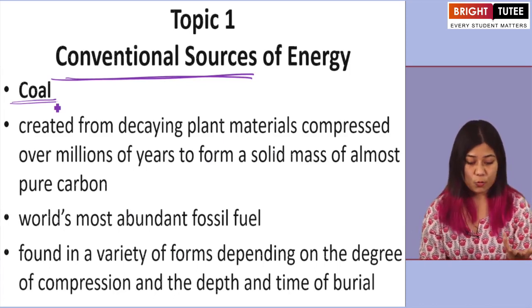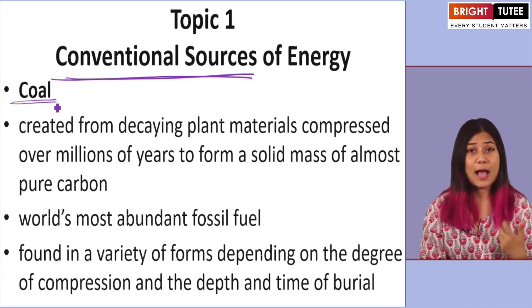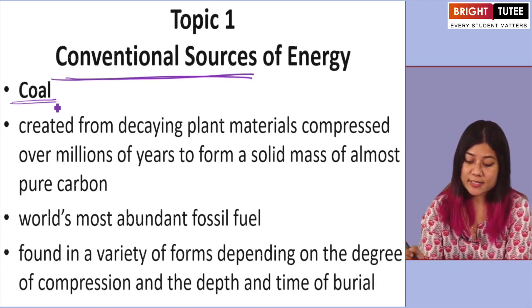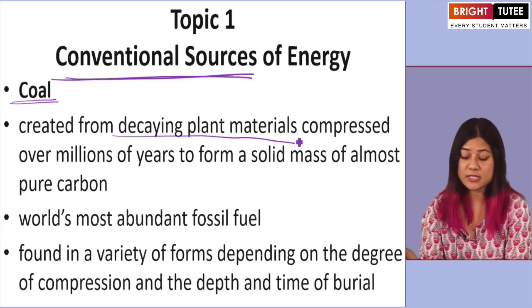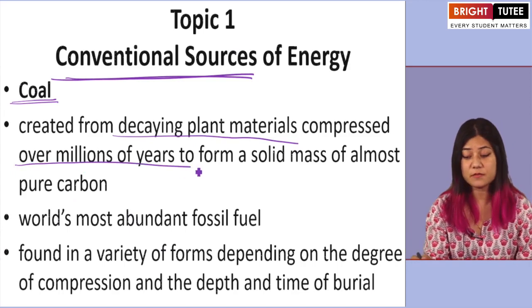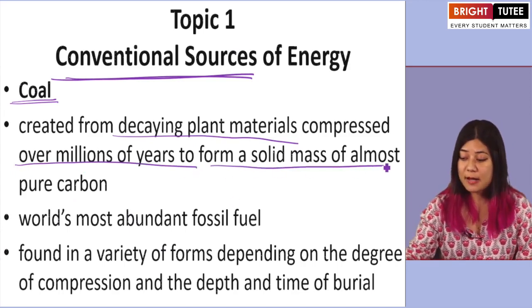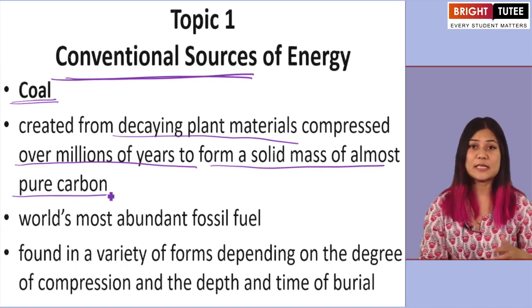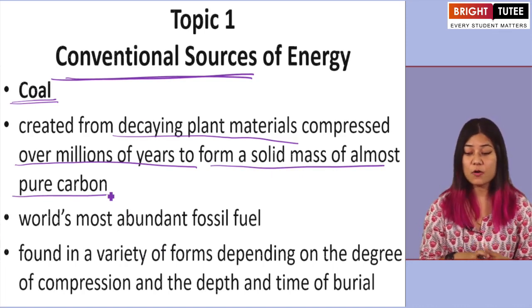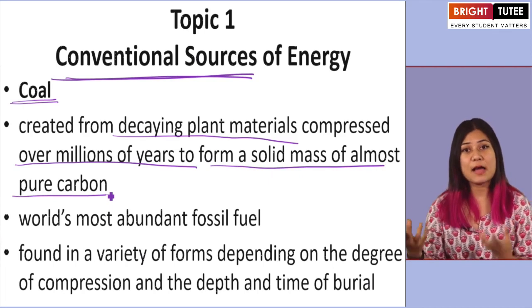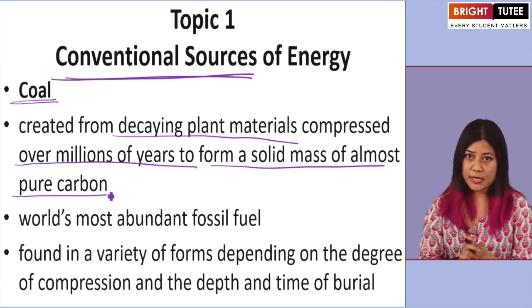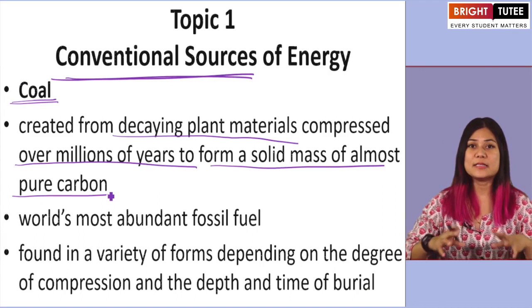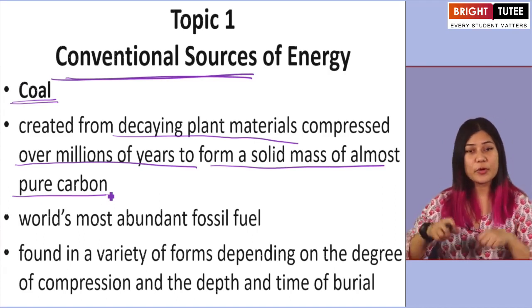So that is coal. Now coal, how is it created? It's created from decaying plant materials compressed over millions of years to form a solid mass of almost pure carbon. So coal is basically formed as a result of decay of plant and animal materials. Once the plants and animals decay, they go into the soil.